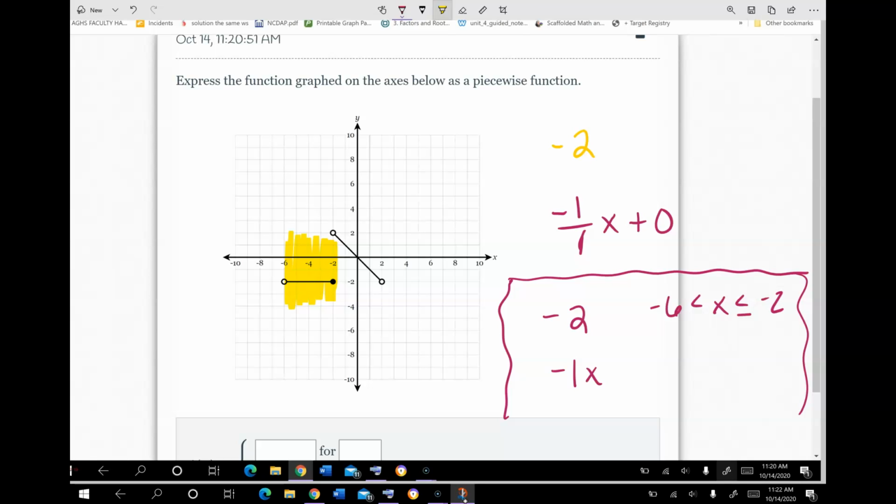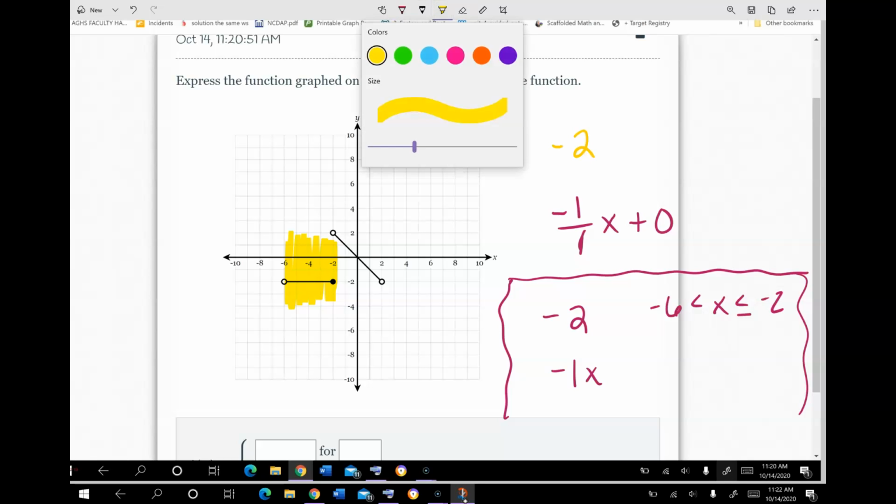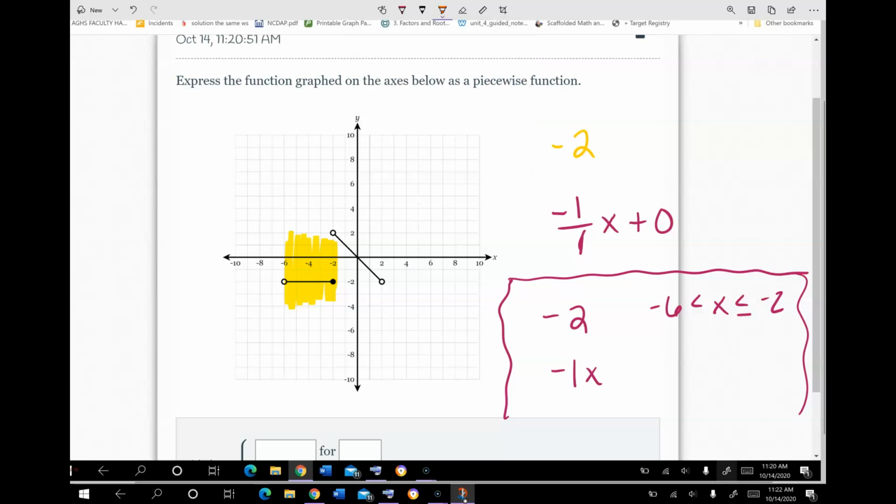The next one is between -2 and +2. It gets a less than, less than. They're both open, so we leave them alone. And that's your answer. So let's go back to Delta and type this one in.